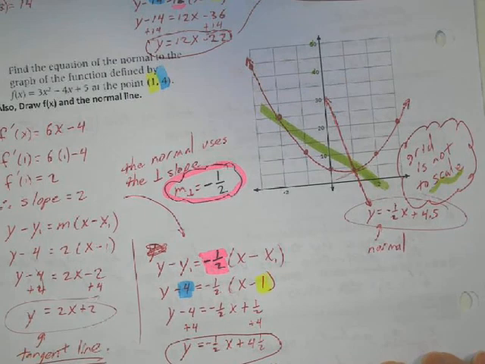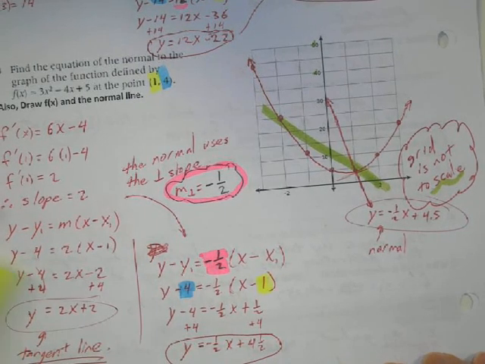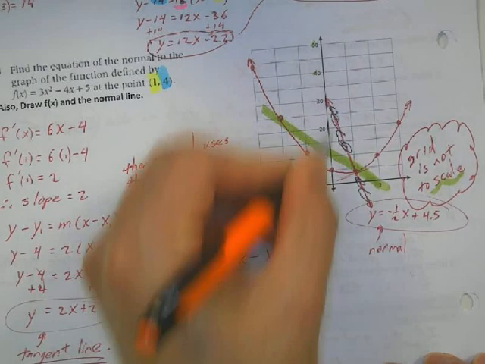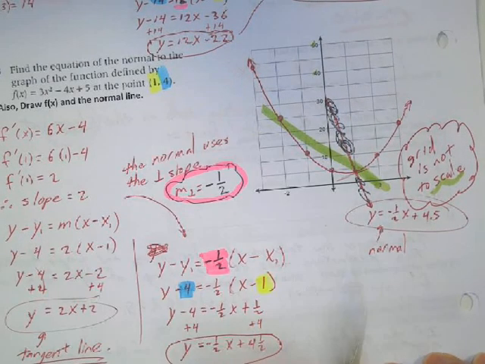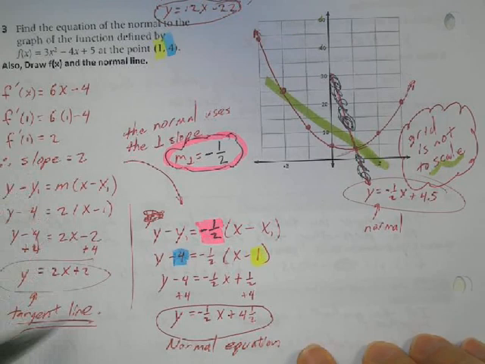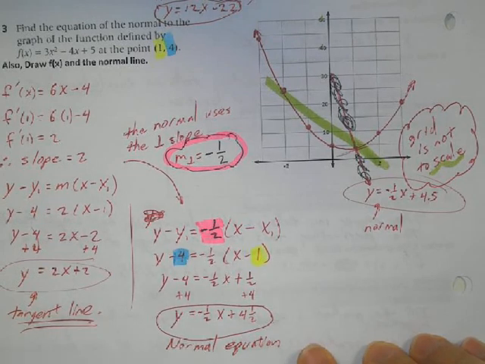Well, next year when I teach this, I'll reprint it with the scale working. But anyways, don't pay attention to that. Okay, so there's my equation of the normal. It didn't ask you to find the tangent equation, but there's my equation for the normal.